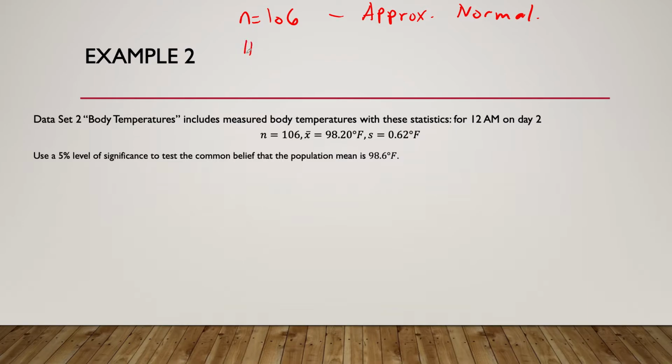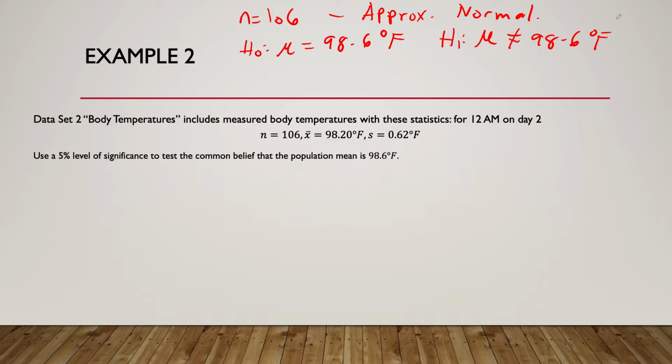The null hypothesis is that the mean is 98.6 degrees Fahrenheit, and the alternative is that the mean is not equal to 98.6 degrees Fahrenheit.